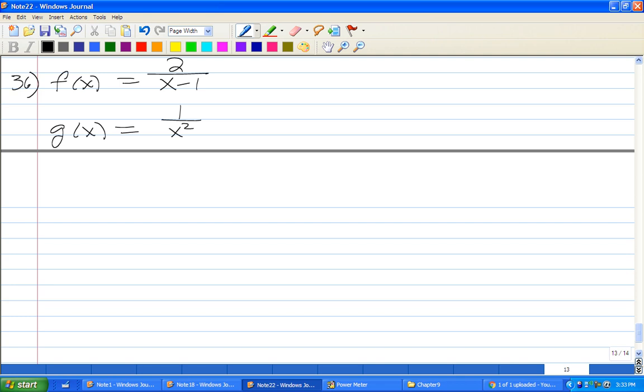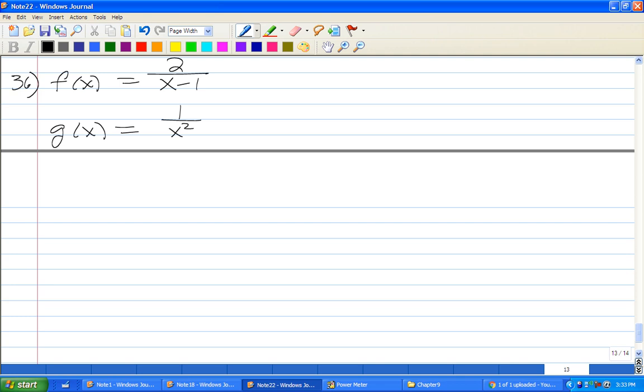And so, in exercises 36 through 39, compute A, f composed with g at x, B, g composed with f at x. Give the domain in each case.